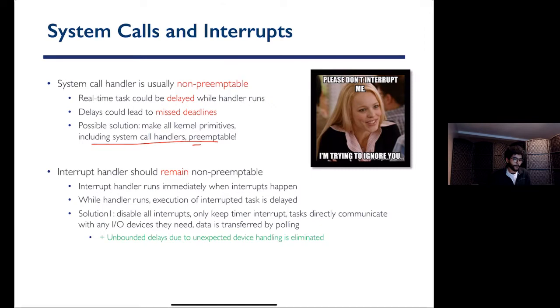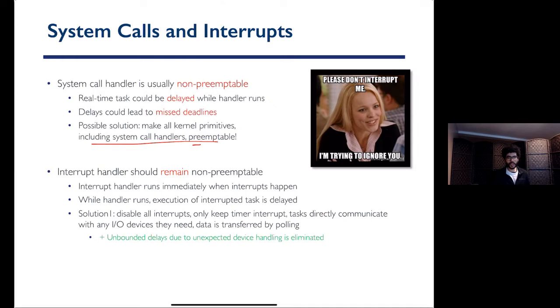Now, one option, one solution is to disable all of your interrupts and only keep your timer interrupt, and let your tasks communicate with I/O devices whenever they need by polling.